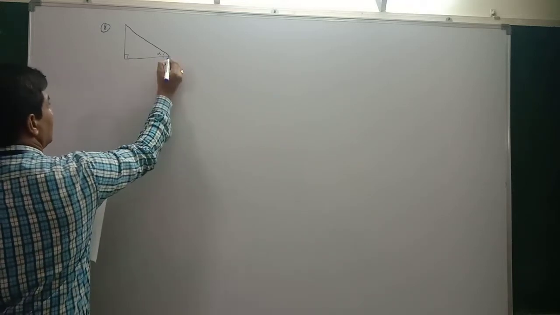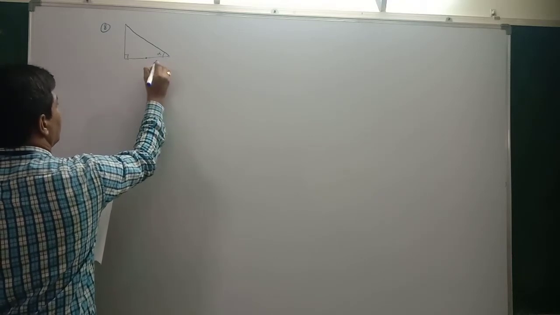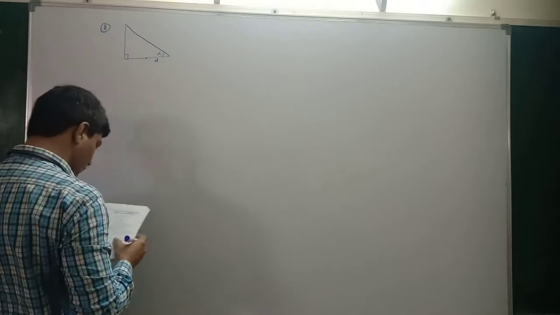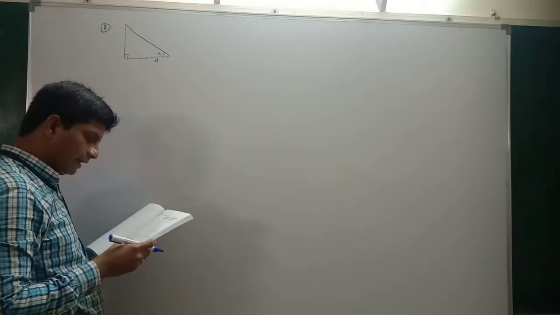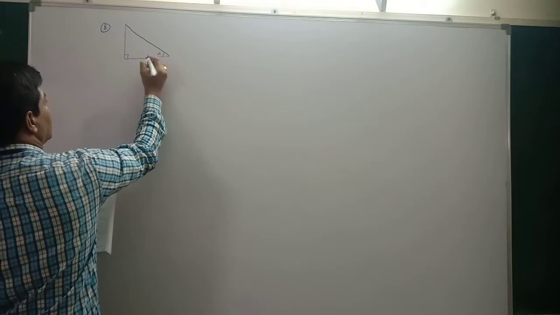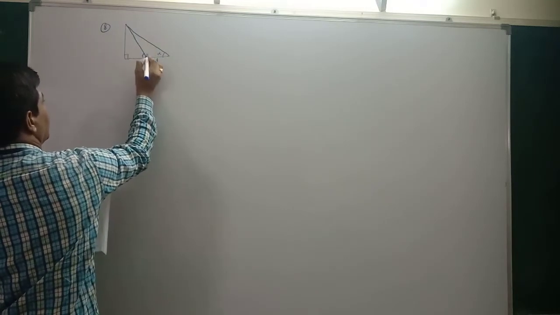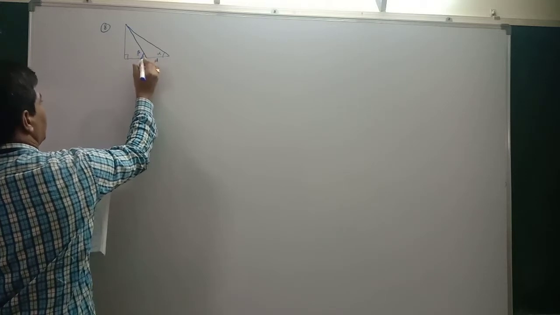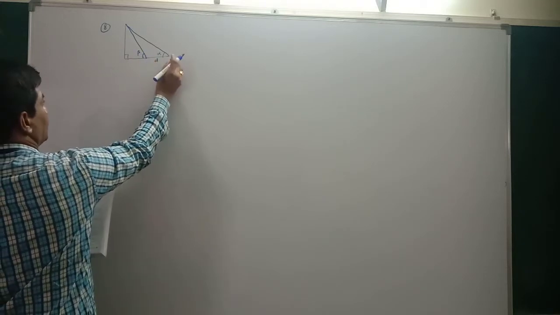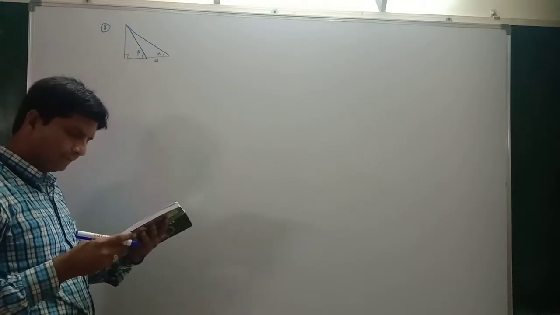This is the object. Moving d meters, for example, towards the object. How much distance? d meters towards the object. The angle of elevation is equal to beta. After traveling d meters here, from this point the angle of elevation has changed to beta. Starting angle of elevation is alpha. After traveling d meters, the angle of elevation is beta.